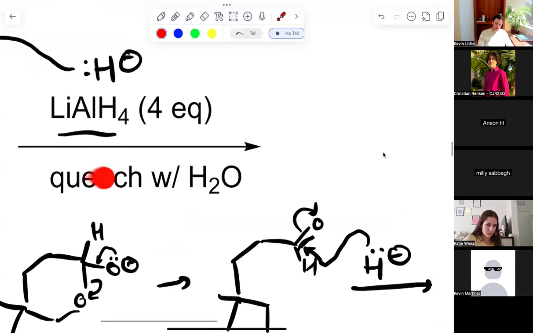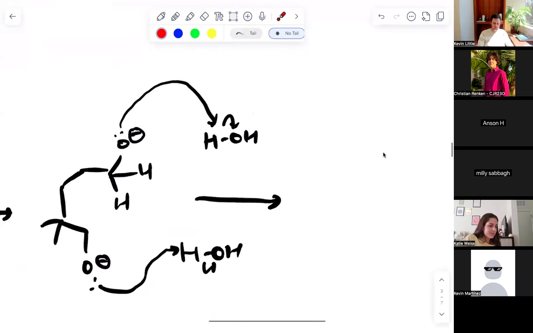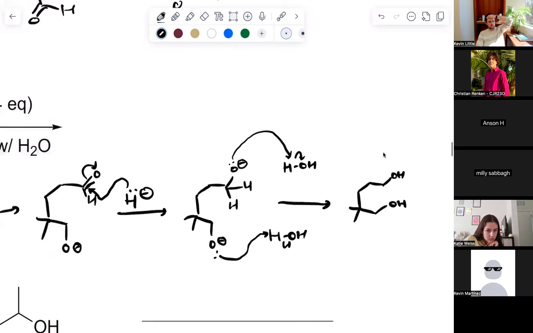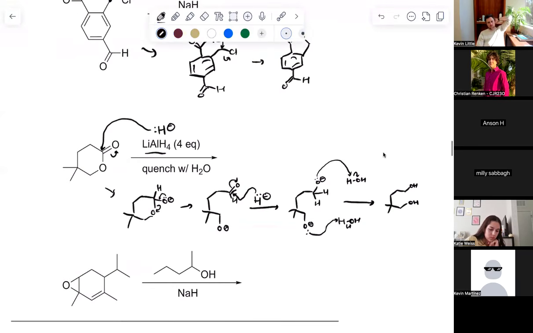But the thing is, water doesn't show up until after all the LAH has reacted, right? Quench with H2O means that at the very end is when the H2O comes up. So that gives me this. Gives me these 2 alcohols.